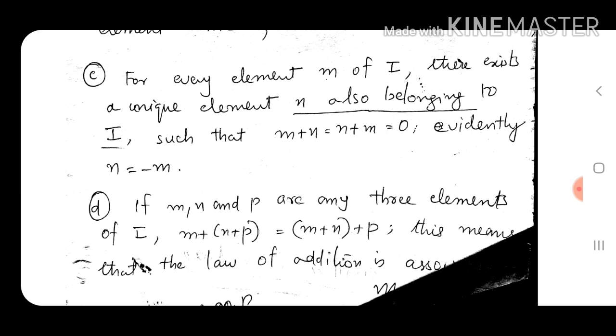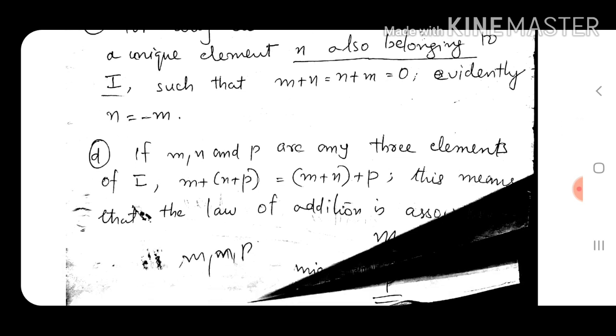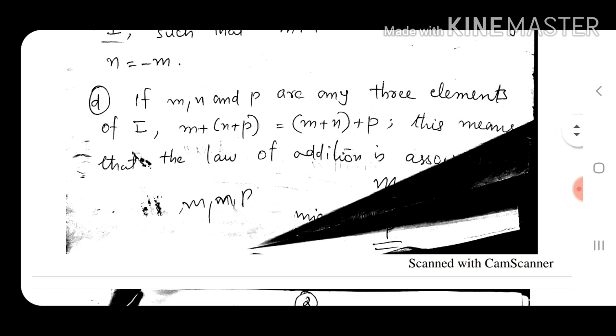Then the fourth one is the associative property, the property D. If m, n, p are any three elements of the set I, then m plus n, plus p, is equal to m plus, n plus p.